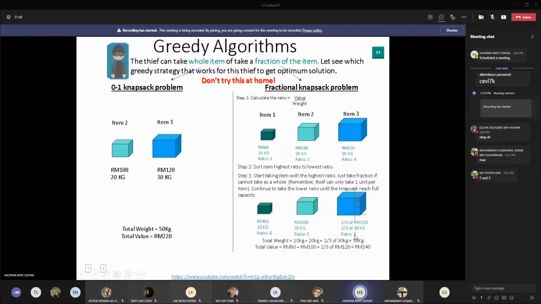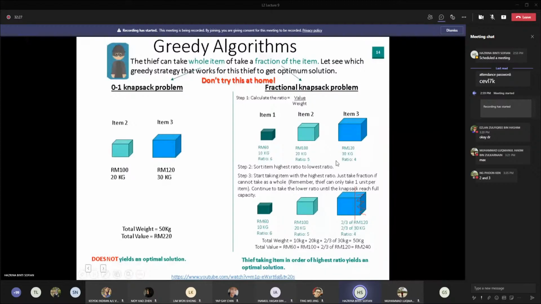And when we calculate the total using the fractional knapsack problem, the thief is able to steal a total value of 240 instead of 220. So in this case, the 0 to 1 knapsack problem does not yield an optimal solution. However, the fractional knapsack problem is able to yield an optimal solution.